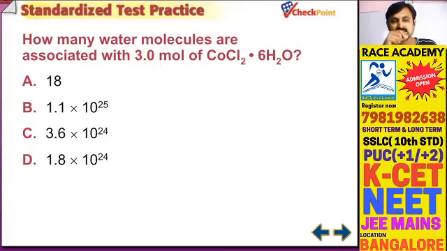What is the 6 into Avogadro number? So you got it, 36. Okay, so that 36 into 3, you do it.